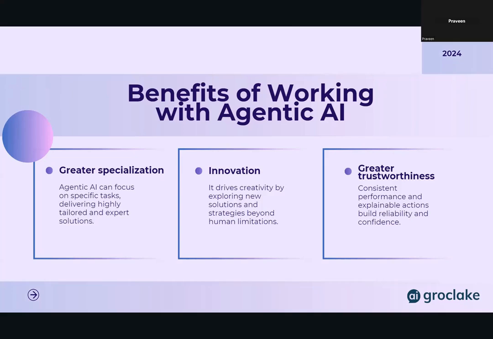I have a query on this point. Sorry, I'm interrupting you. No issues. This trustworthiness, we have that responsible AI part, right? When you are giving it more control, there could be more possibility of some unlikely action being taken by agentic AI.